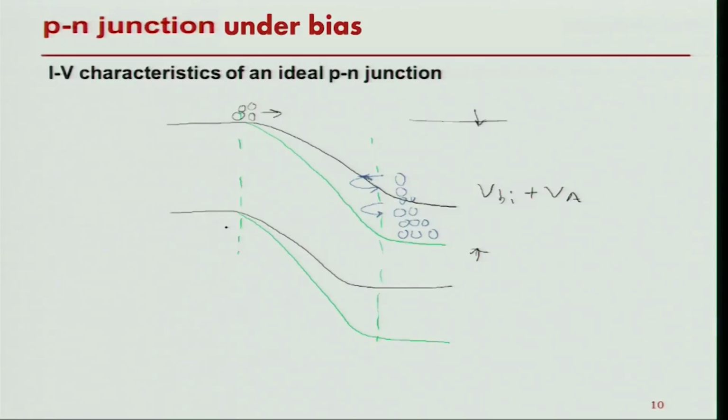So, now our strategy is going to be to find a quantitative IV characteristic. We will try to solve for the current equation in 3 regions. One is the P type bulk region where there is very little field.